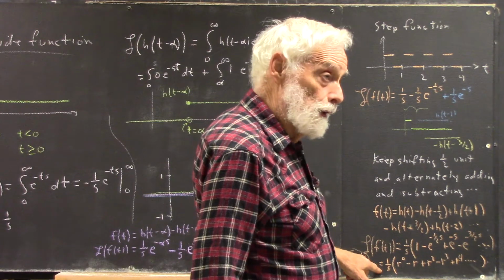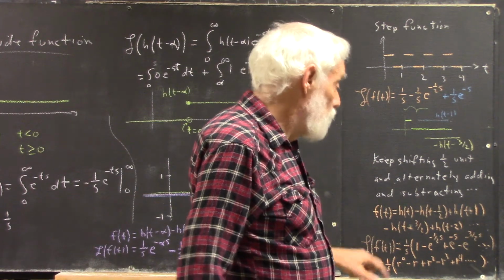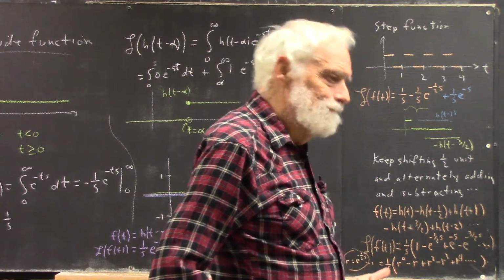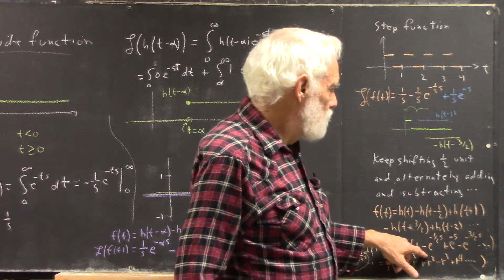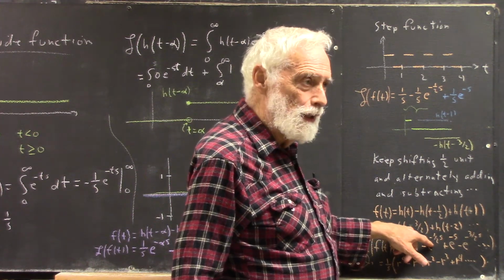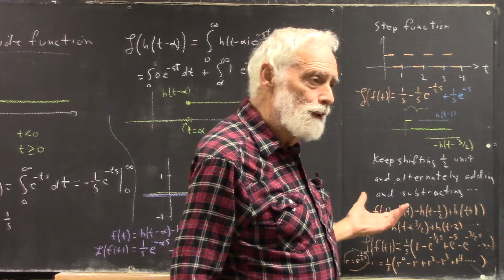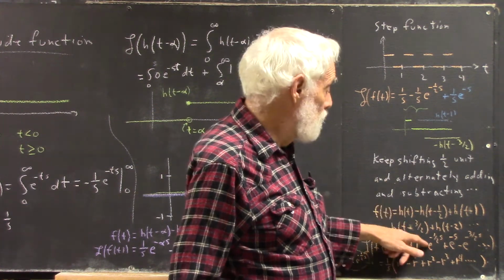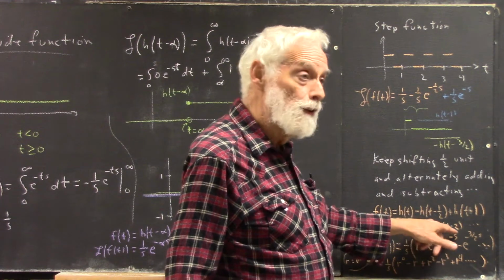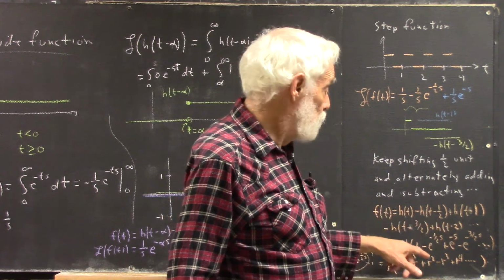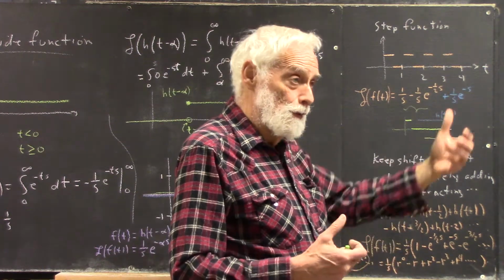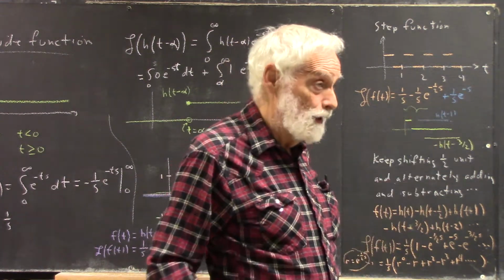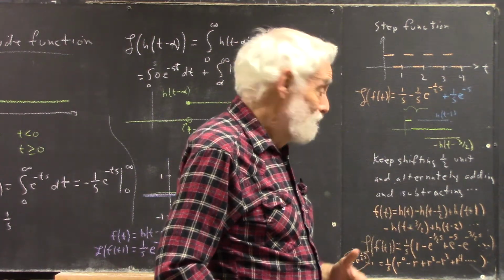Factor out the 1/s, and the thing you have to notice is that if you square e to the negative 1/2 s, you get e to the negative s. If you cube e to the negative 1/2 s, e to the negative 1/2 s raised to the third is e to the 3 times negative 1/2 s, right?